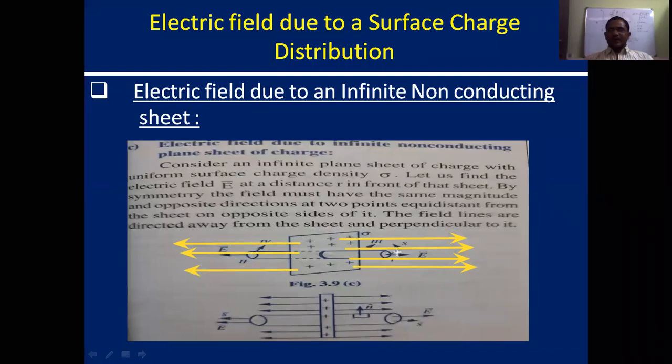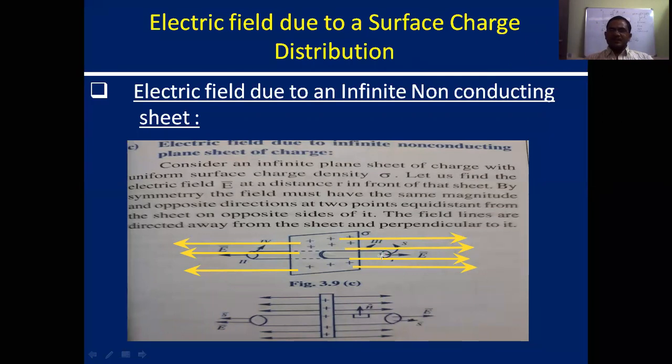Okay. Now to find the electric field strength at the nearest point, that is at this point, I am considering a cylindrical shaped Gaussian surface. You can see in the figure, right, sir? Here, how many regions?